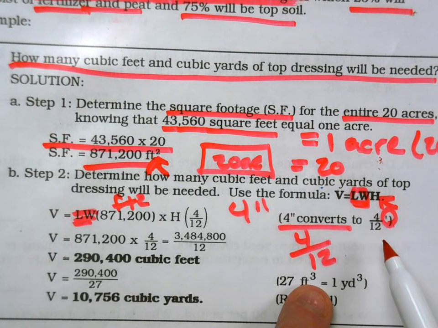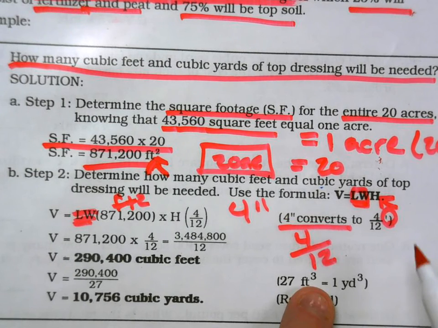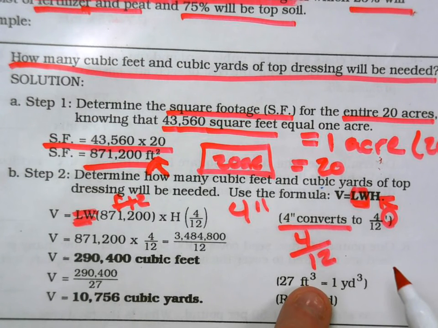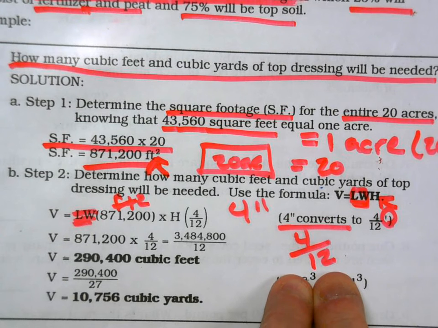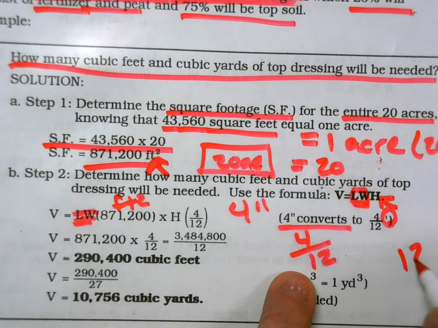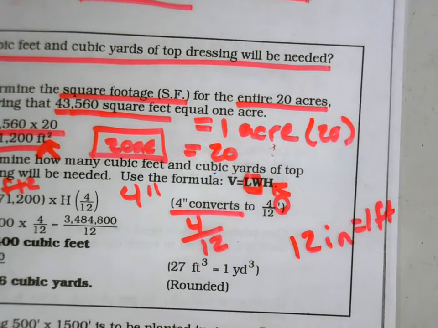Yes, no? Okay. I see a couple of head nods, but a few people I think might be confused. So why do we use 12? There's 12 inches in a foot, right? 12 inches equals 1 foot.